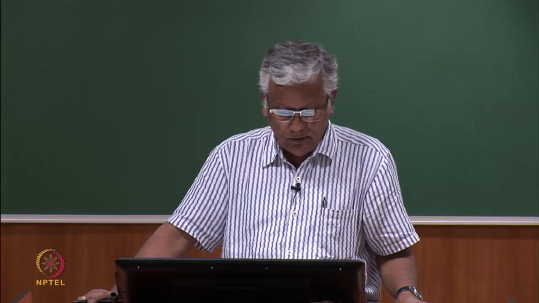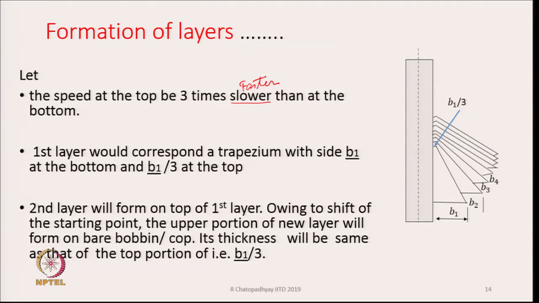So, the first layer would correspond to a trapezium as shown here. If the layer thickness is B1 at the bottom, it is going to be B1 by 3 at the top. This is the very first layer, and the speed changes by 3 times.